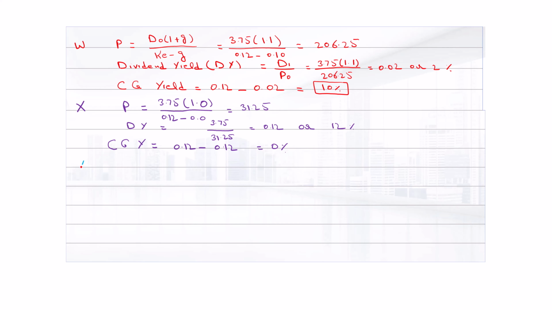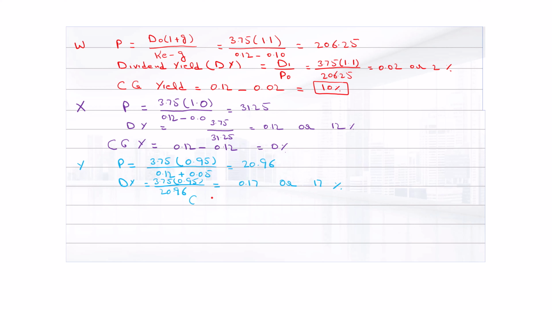For stock Y, price is equal to 3.75 into 0.95, as 1 plus growth is 0.95, as the growth rate is -5%, divided by 0.12 plus 0.05, that is 20.96, and dividend yield is equal to 3.75 into 0.95 divided by 20.96, and the answer is 0.17 or 17%.